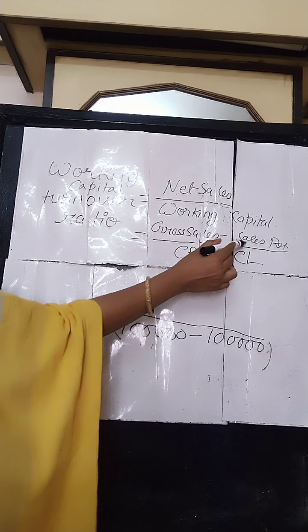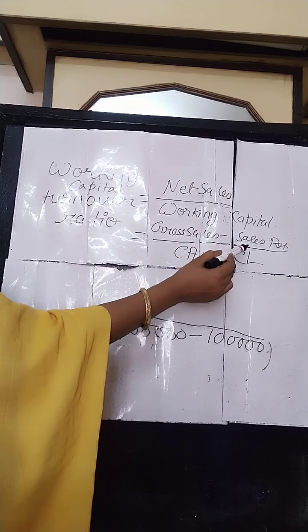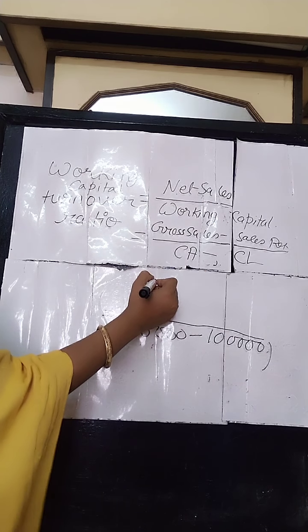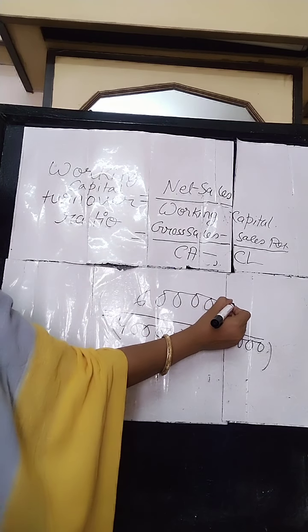And suppose net sales by deducting the sales return from the gross sales: suppose gross sales is 10 lakh and sales return is 4 lakh. 10 lakh minus 4 lakh, you are getting 6 lakh as net sales.